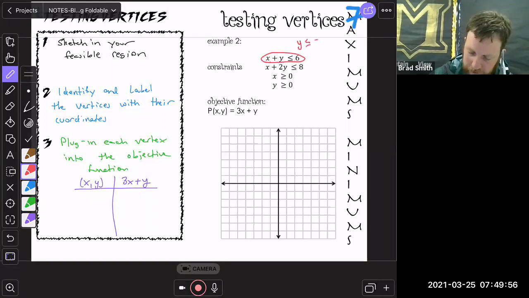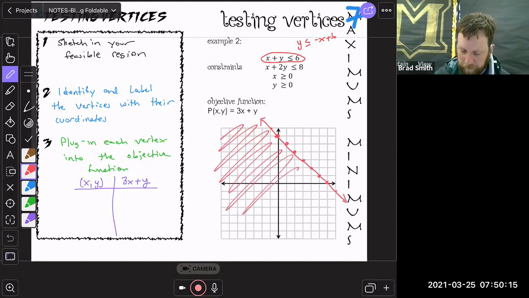So y is less than or equal to negative x plus 6. So 1, 2, 3, 4, 5, 6, negative x. And it's less than, so that means I'm shading below. If you forget all of that stuff, come talk to me. We'll go back through it.